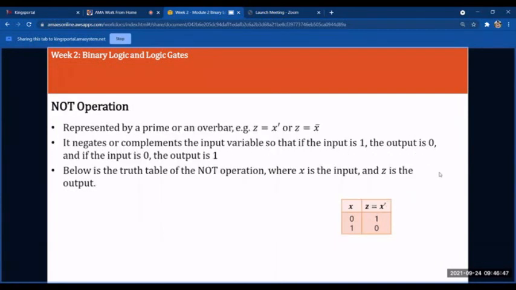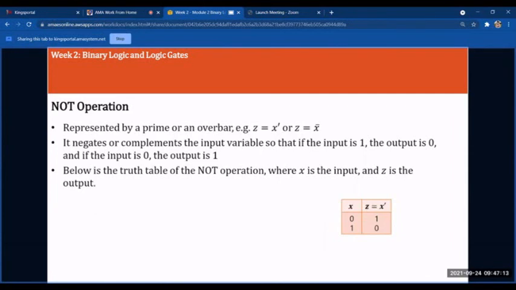For the NOT operation, it is represented by a prime or an overbar. So z is equal to x prime or z is equal to x bar. The symbol can be either. It negates or complements the input variable, so that if the input is 1, the output is 0. If the input is 0, the output is 1.